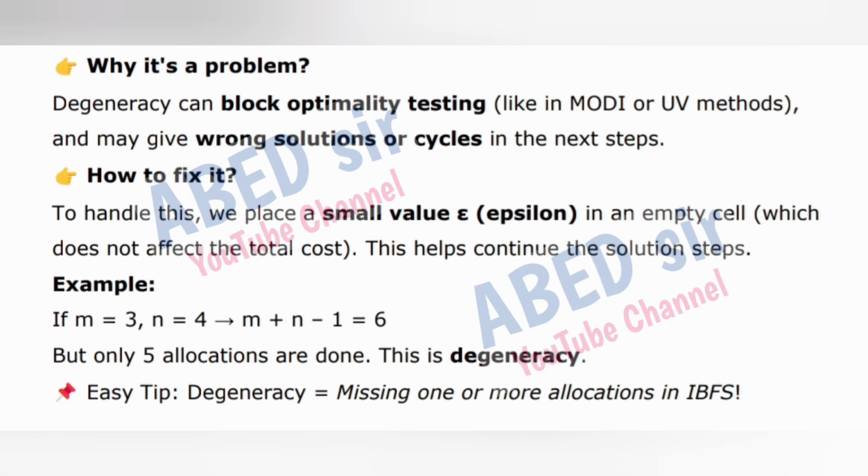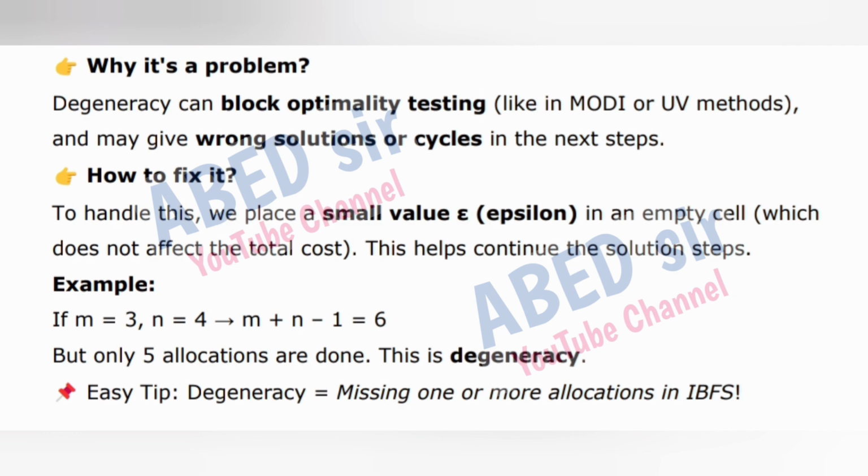Why it's a problem? Degeneracy can block optimality testing, like in Modi or UV methods, and may give wrong solutions or cycles in the next steps. How to fix it? To handle this, we place a small value epsilon in an empty cell, which does not affect the total cost.